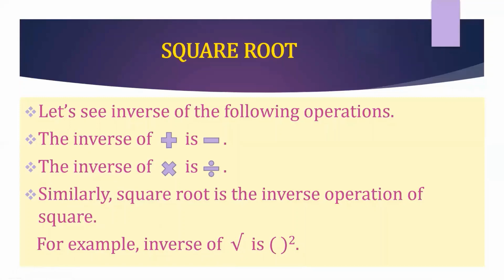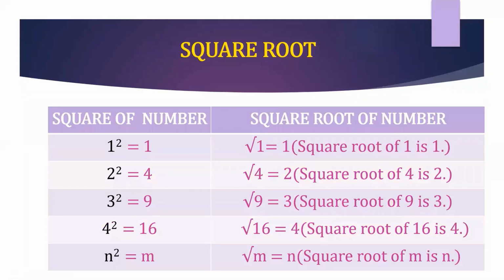Okay. Let's see for the square of a number. Over here we are given. We know that 1 squared is 1, 2 squared is 4, 3 squared is 9, 4 squared is 16, 5 squared is 25, and so on. And so n squared is equal to m. Then the square root of a number, this one, which is a perfect square, we will write under this symbol.